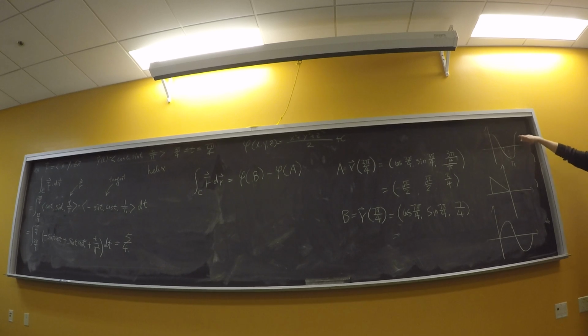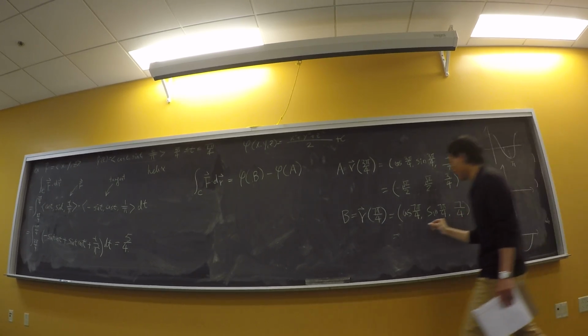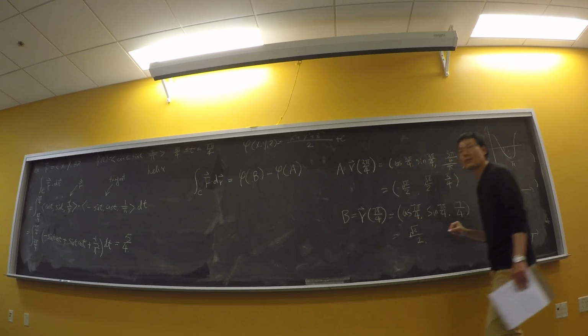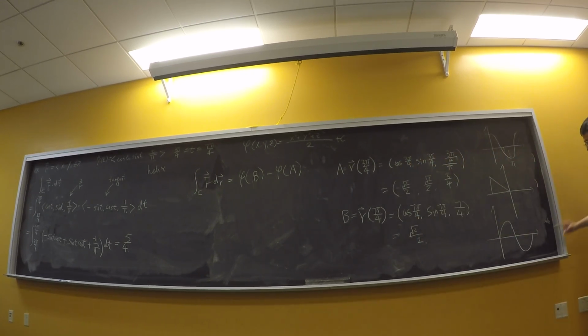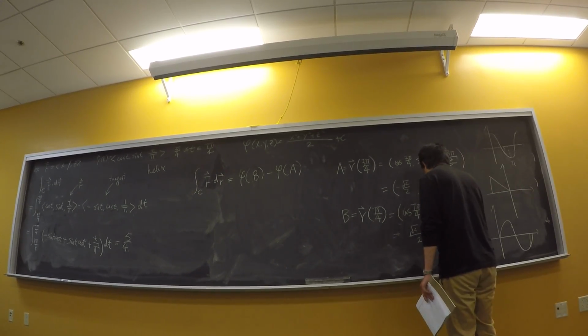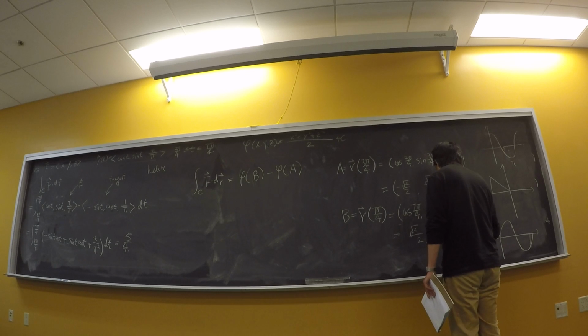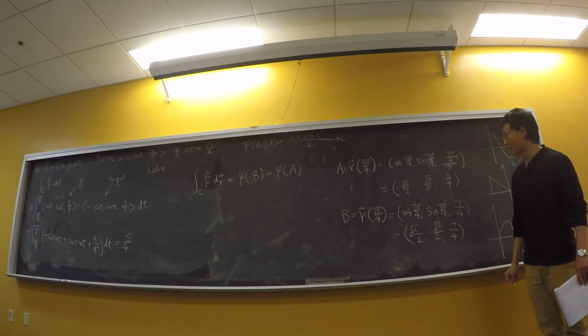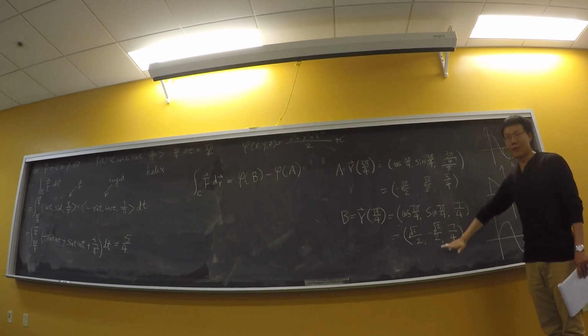If I go for a curve, 7 pi divided by 4 is just slightly smaller than 2 pi, so it's going to be here. So my cosine value has to be square root of 2 divided by 2. For sine 7 pi divided by 4, I'm going to go for here, so it's minus square root of 2 divided by 2. And 7 divided by 4. That's my terminal point. So I find the initial point, I find the terminal point.